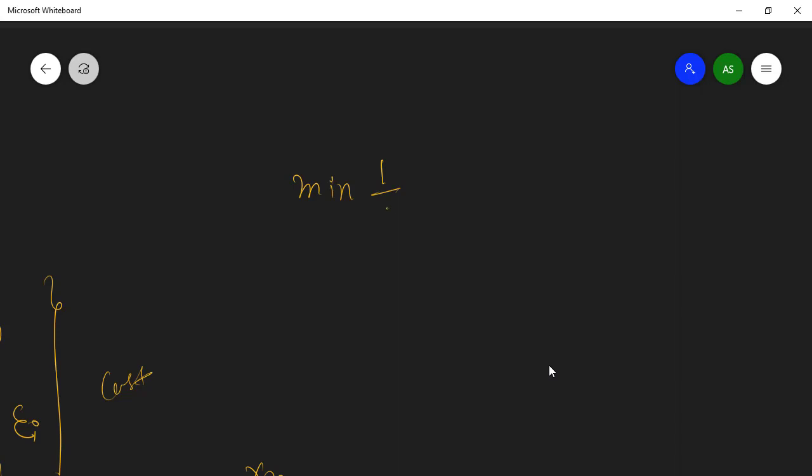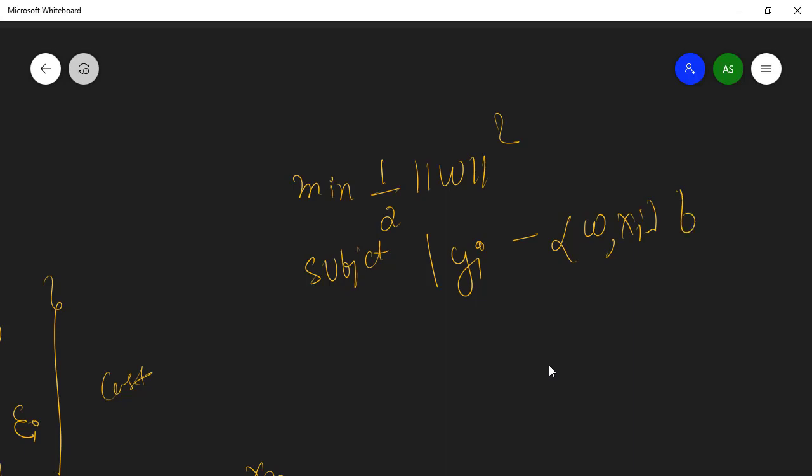You want to minimize 1/2 the norm of w squared, subject to the absolute value of yi minus the inner product of w and xi, minus b, being greater than or equal to epsilon, where epsilon is a small positive number. I hope that is quite clear, and this is for the regression task. We will see the implementation in our next section.